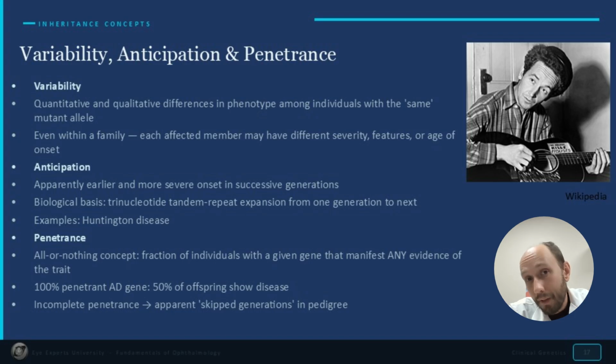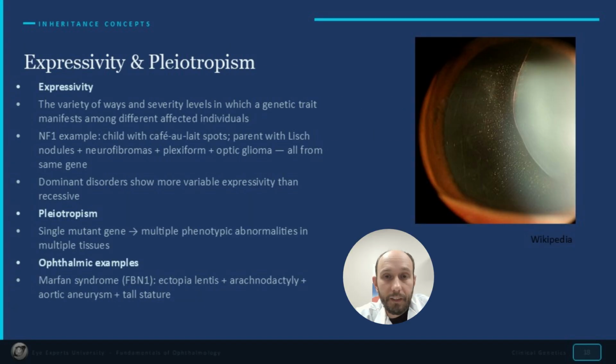If you have incomplete penetrance, even in autosomal dominant disease, that individual may have had enough to compensate for having the disease symptoms. Thus, you get the apparent skip in a generation phenomenon, where you think you don't have the disease, you weren't tested, and then you passed it on and you still have it, just because you got lucky and your genetic material was able to compensate for the deficiency.